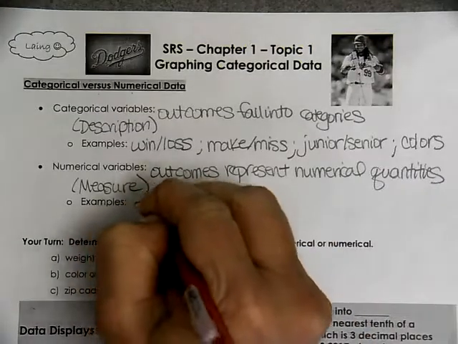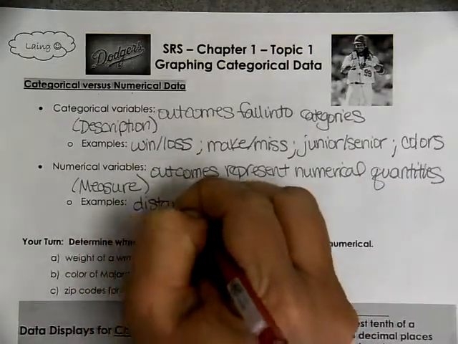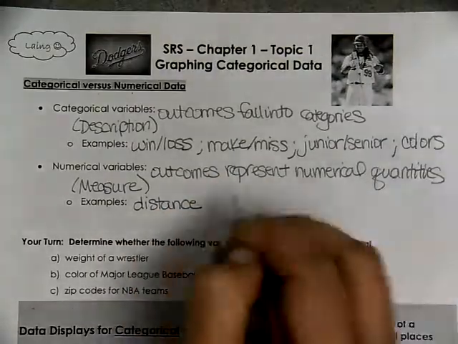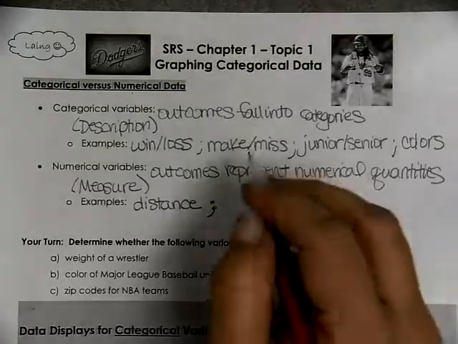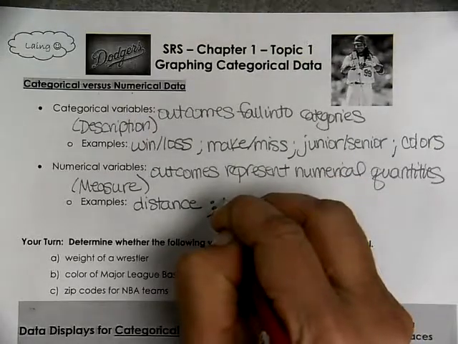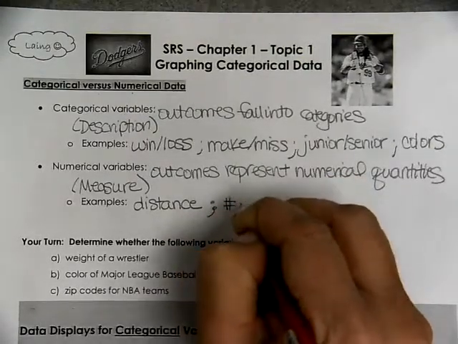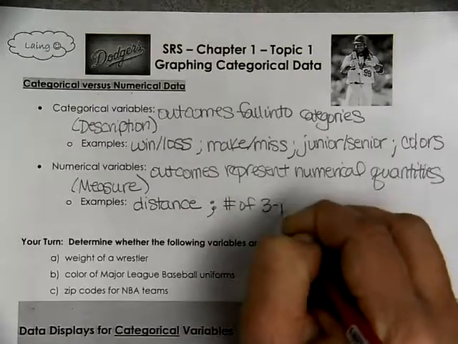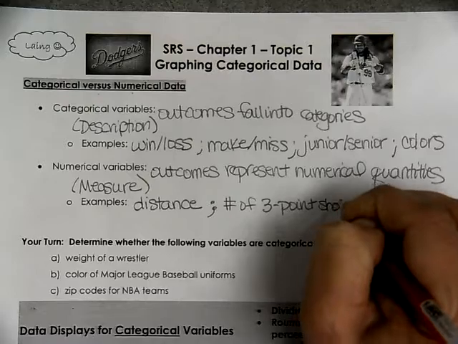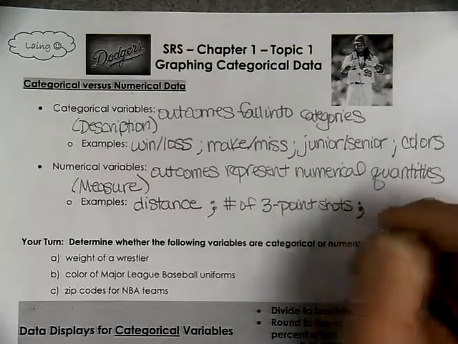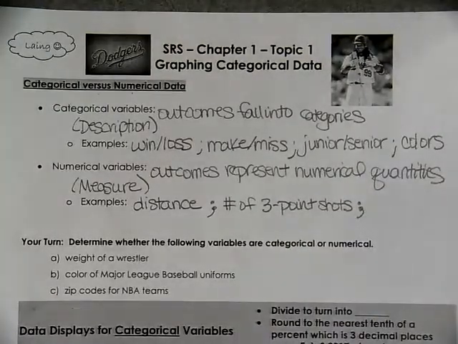Examples would be the distance that a ball is hit, because that can be measured. The number of 3-point shots that go in could be numerical because that's something you can measure and count.